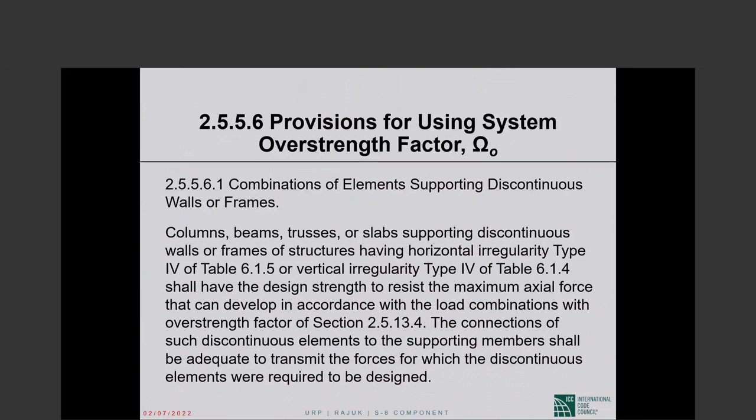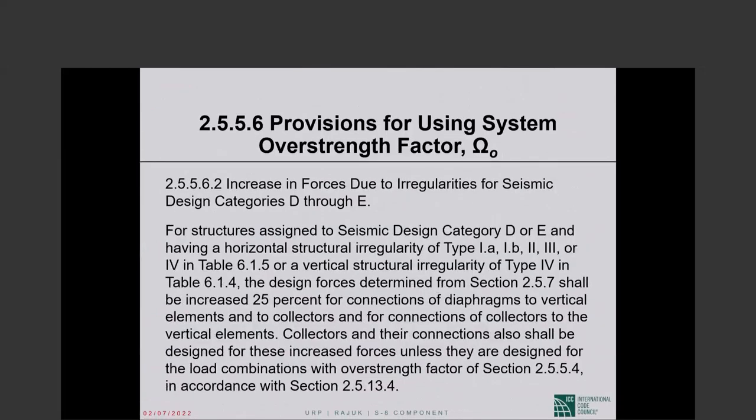I will not read the text. The important thing is it's there. Then this talks about collector elements in a roundabout way. There is a 25%. Anyway, all of this will come up.